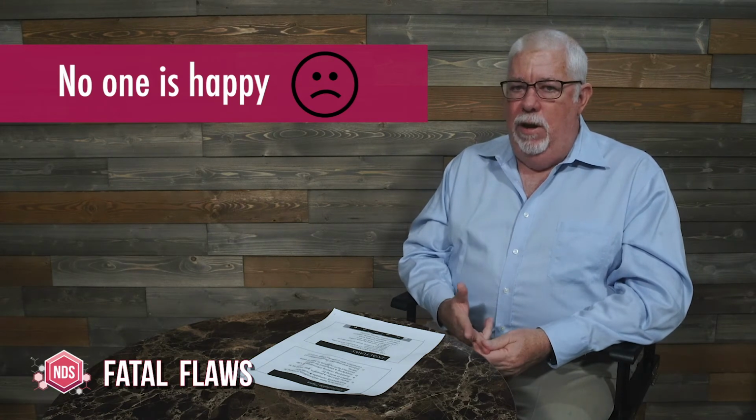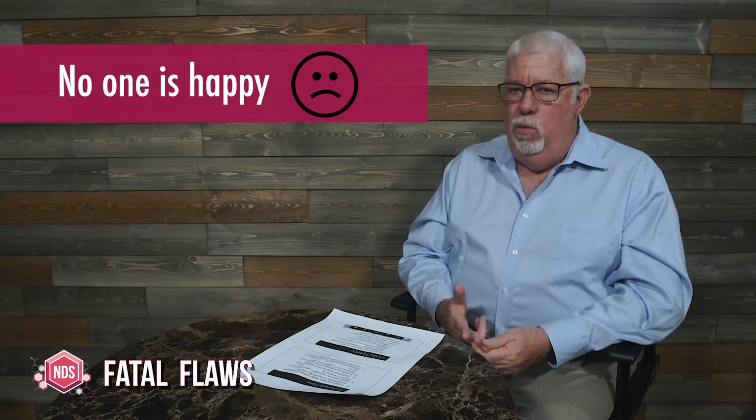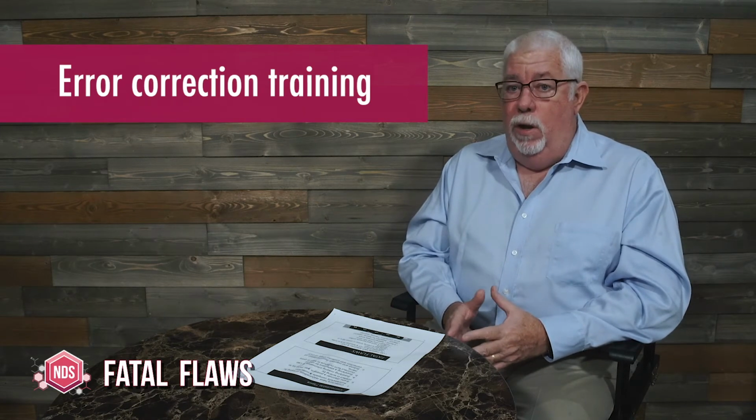You're not happy because you're now going to have to go through what's called error correction training. So when you have a fatal flaw, you have to go through error correction training. And your employer's not happy because this whole process means you're not going to get paid for that collection. It was done in error.